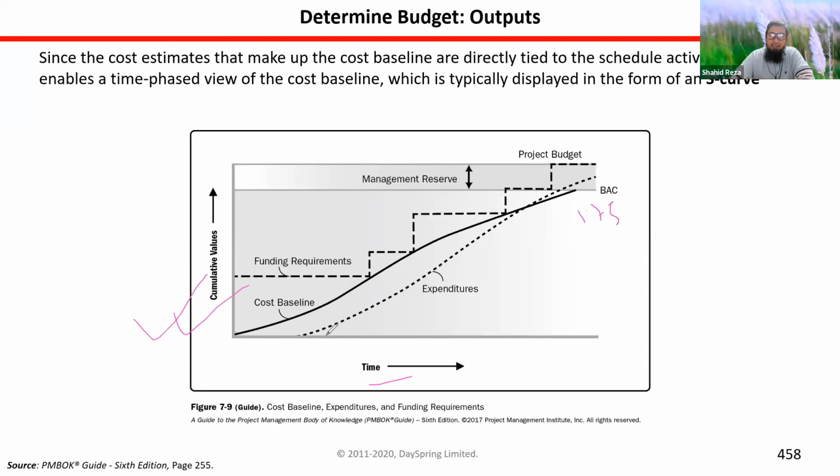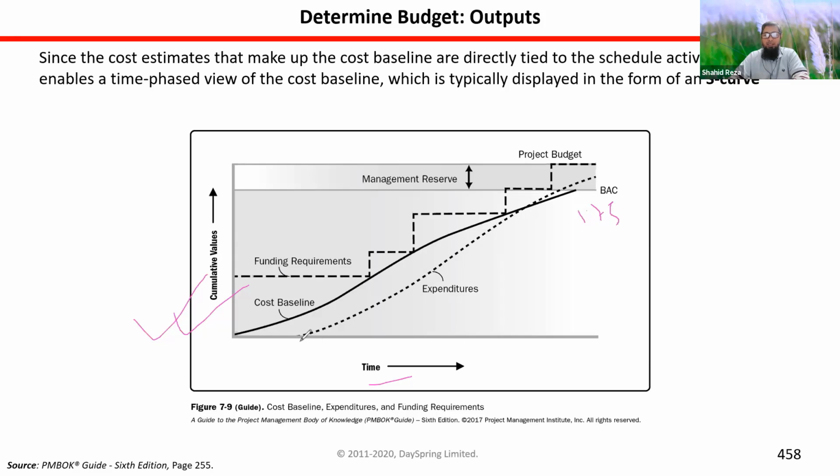Now, see, this is the lower line. This is the actual expenditure. In real time, what is happening when you are doing the project? Generally, we actually cannot move or spend the money as per the plan.